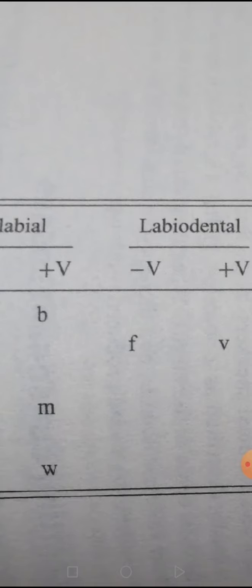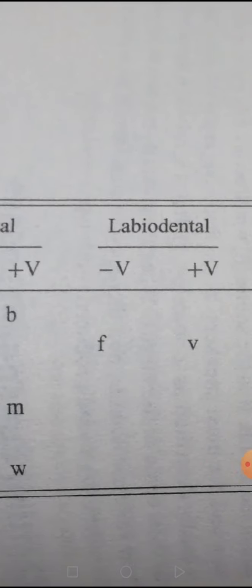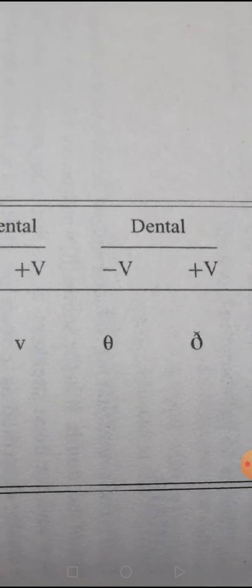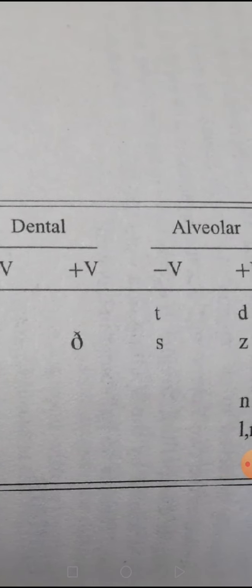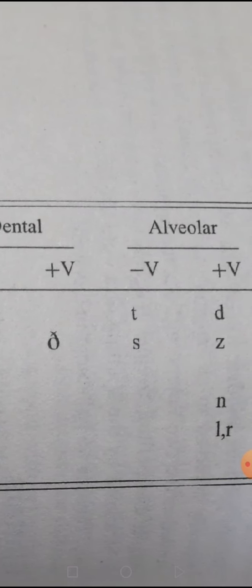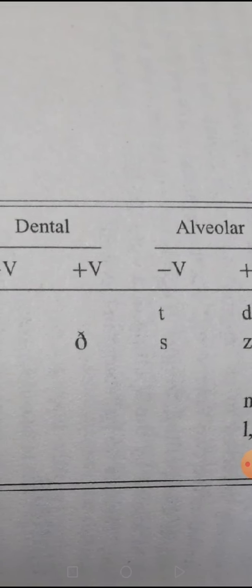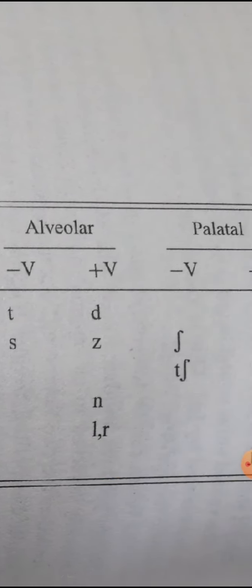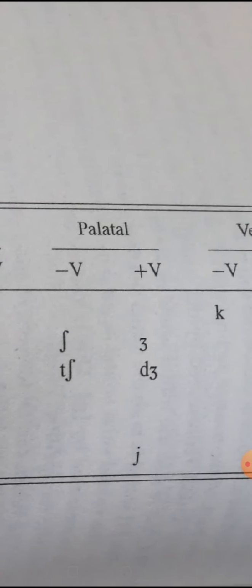Ve is smooth, whereas fe is strong. Also, we come to th and th. See, the is smooth. The is strong. Also, se and ze. Ze is smooth. Se is strong.